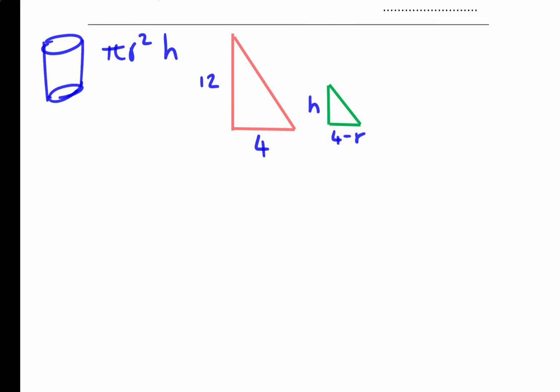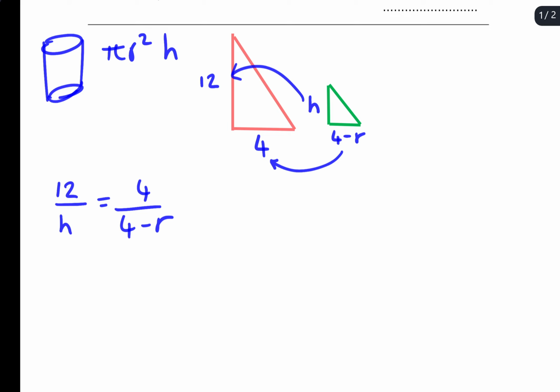So there's two ways that we can go about this using similar shapes. We know that whatever we multiply h by to get to 12, we're going to have to multiply 4 minus r by to get to 4. So we can just write these as fractions. So 12 over h is equal to 4 over 4 minus r.